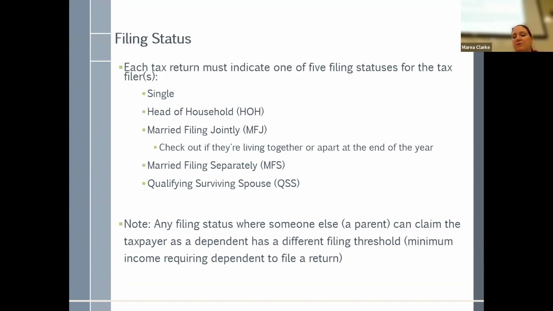Note that for any filing status where somebody else can claim somebody as a dependent, they have a different threshold. If somebody can claim you, we'll talk about that in just a minute too. Those filing statuses determine the minimum income you have to file, and then the tax rates that you use when you file.